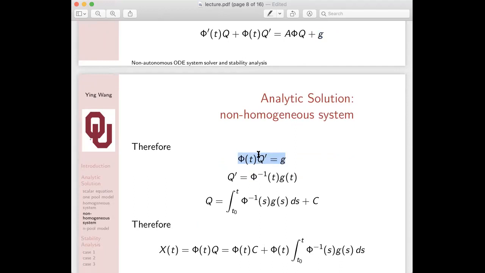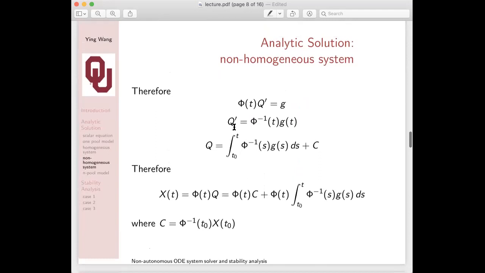And then, in order to find out what the Q is equal to, we first solve for Q prime. And Q prime will be equal to, we multiply the inverse of the matrix phi throughout the entire equation so that phi disappears from the left. And this step is valid because phi is a fundamental matrix, therefore it's obviously invertible. Each of the columns here is an independent solution for the corresponding homogeneous system, therefore it's invertible.